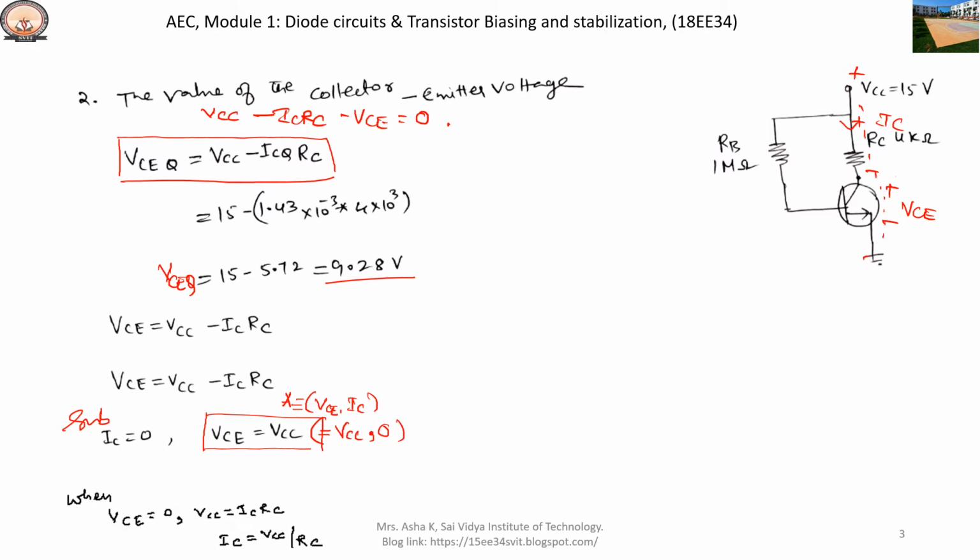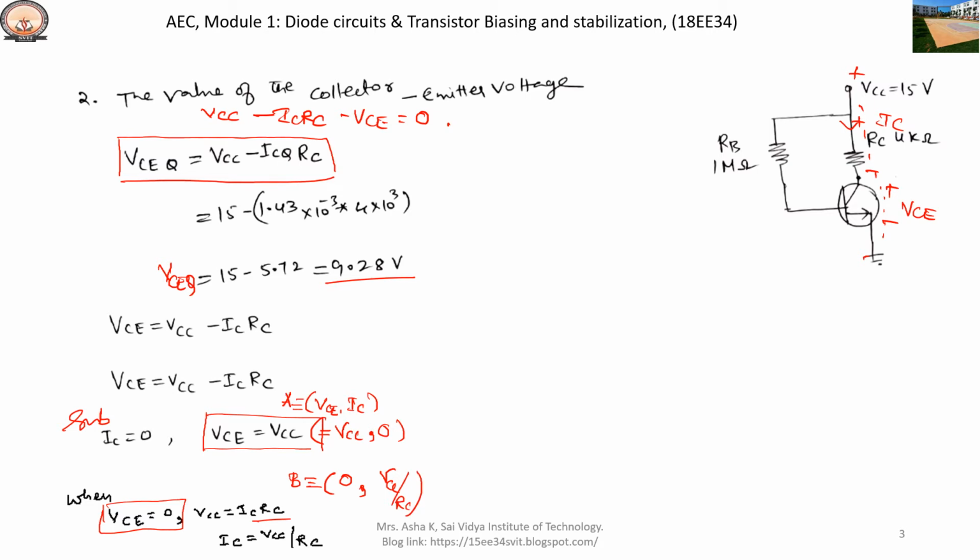Similarly, when the value of VCE is equal to 0, VCC is equal to IC into RC. Then IC is equal to VCC by RC. The other point B, that is nothing but voltage value is 0 whereas current value is VCC by RC.